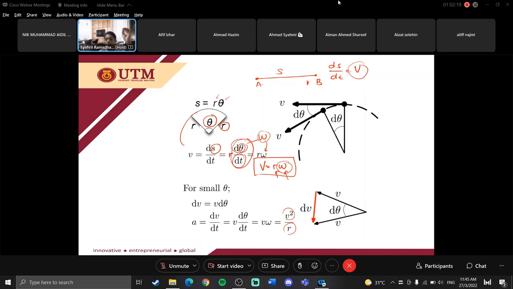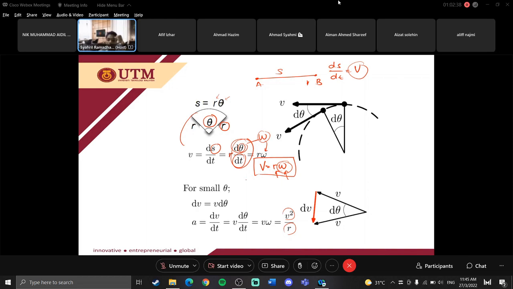But for dynamics, we consider that the system is in motion. So when you want to find a summation of force, you need to include this angular velocity omega. You will notice this omega in the next chapter.